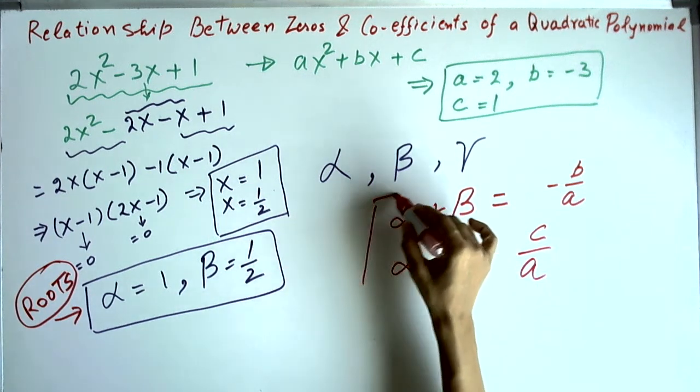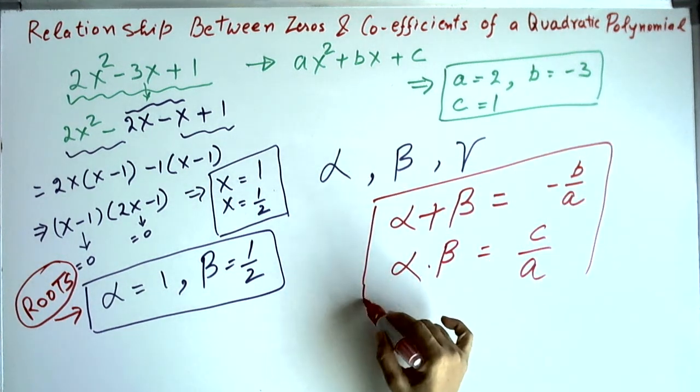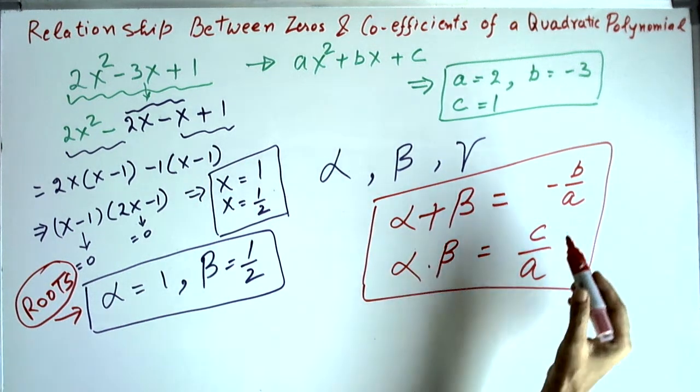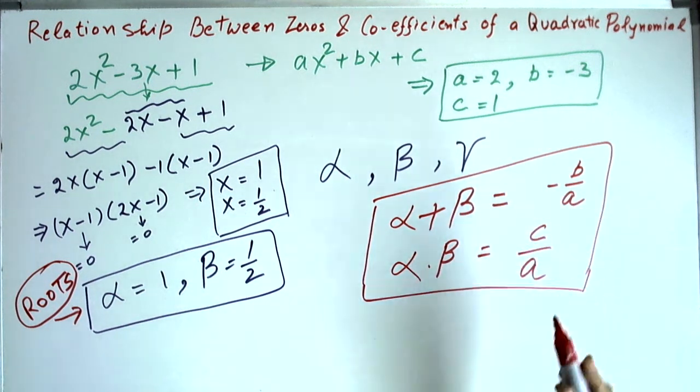We can check this relationship by substituting the values of alpha and beta on the left hand side and then determining whether it is equal to -b over a or c over a.